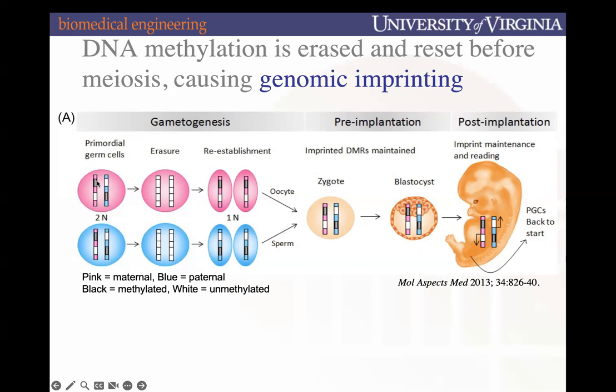The regions that are white are unmethylated, and these black lines are going to be methylated regions. So there are going to be methylation events that have happened where there's going to be a total erasing of them leading into meiosis.